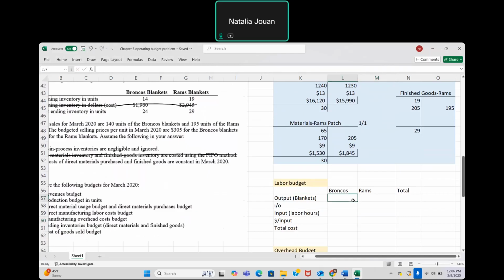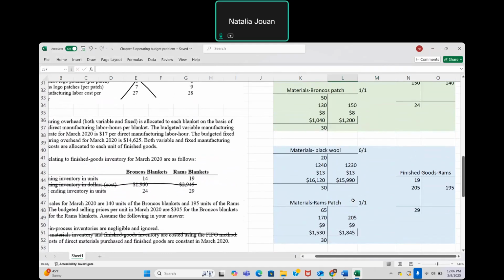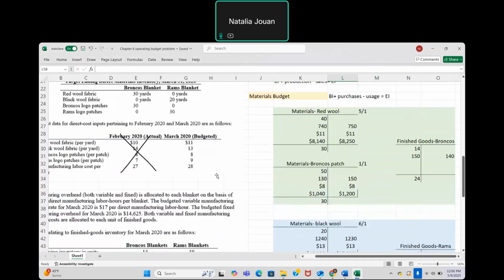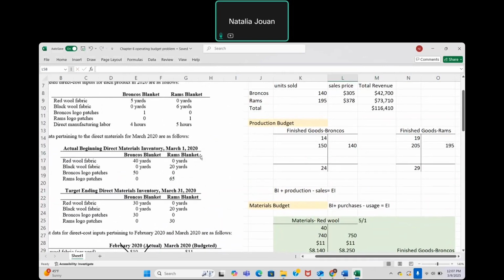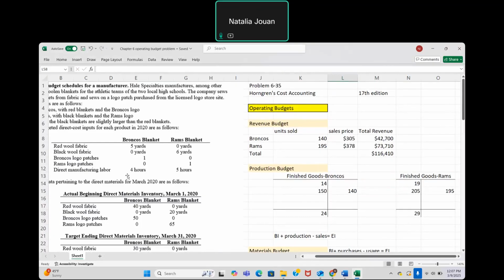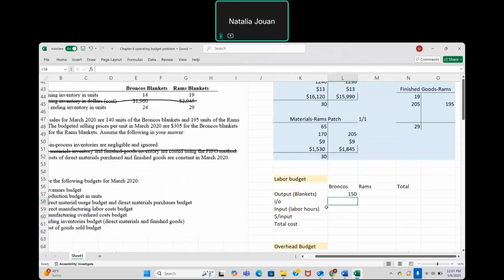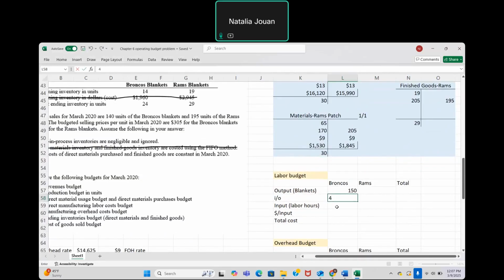So we're going to make Broncos, how many? 150 units. And how many hours does it take to make one blanket? Let's go back up here and it's going to tell us how many manufacturing labor hours it takes. It takes 4 hours to make a blanket. So if I'm going to make 150 blankets and it takes 4 hours, what is the total number of hours I need for production?